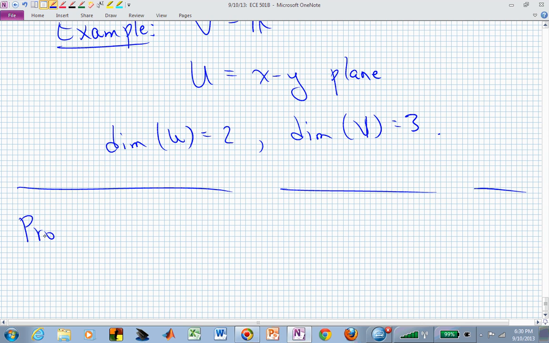Let's now look at proposition 2.16, again dealing with dimension.